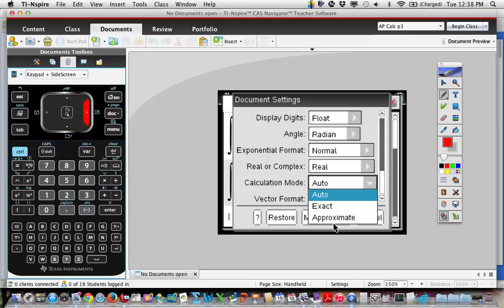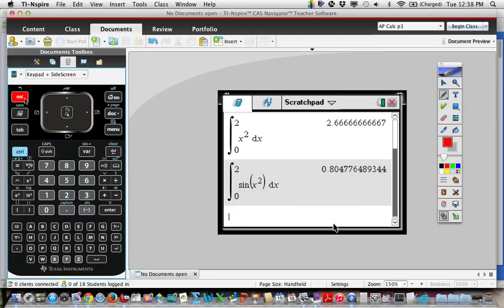We get 2 root 2. It finds an exact answer. We can force it to give an approximate answer by hitting Control Enter. But our calculator set in auto mode is going to find an exact answer using algebraic or calculus techniques. That's what CAS means. And then if it can't, it'll give us an approximate. And that's what's happening here on this integral.